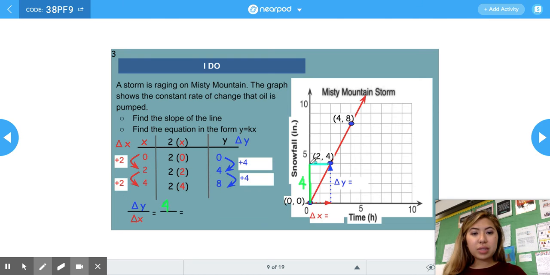And then from here to here, I know is a change of 2 in our x values, since each of the units down here represents 1. So 4 divided by 2 is 2. And since it's a proportional relationship, my equation is going to be y is equal to 2 times x, or 2x.